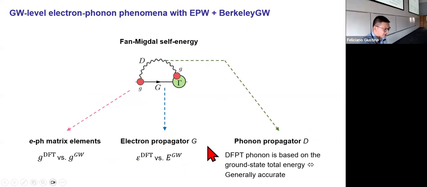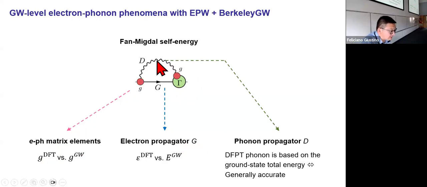So that brings self-energy effects into G. And for the electron-phonon vertex, or electron-phonon matrix elements, we can also now use the GW level matrix elements, which sometimes can give a big qualitative difference compared to the ones from DFT. So both places can play important roles in certain materials and in certain phenomena. And for gamma, for now, we drop it in most practical calculations as 1.